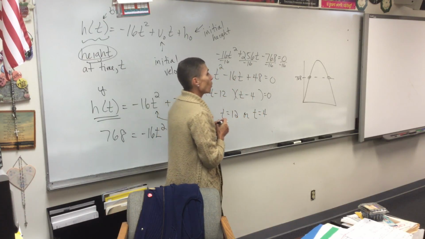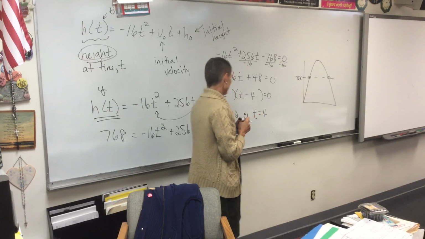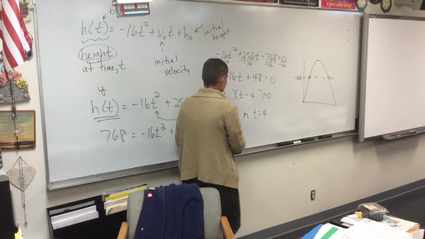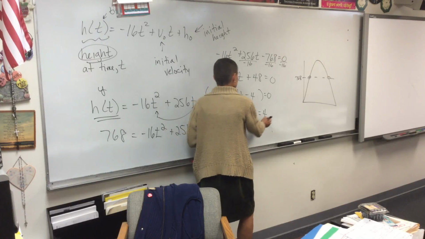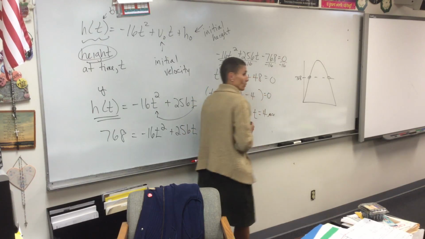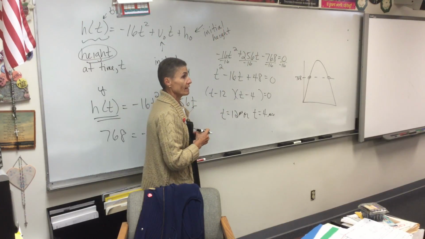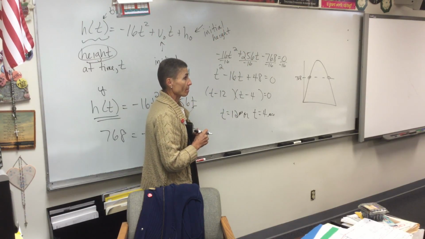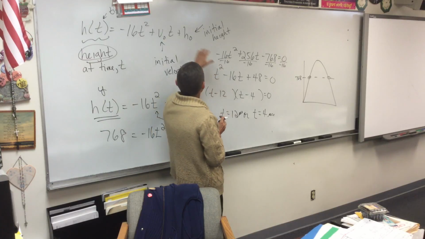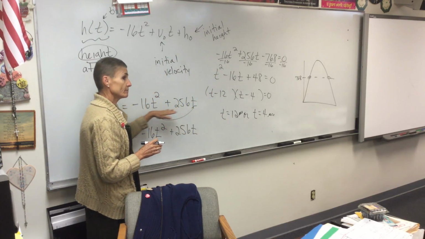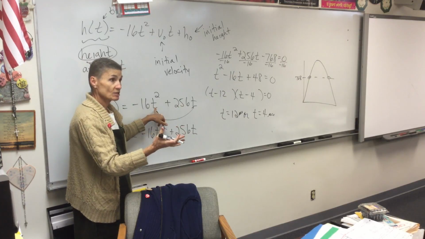So the question is, when will it be that high? It'll be that high after 12 seconds and after 4 seconds. Once on the way up, once on the way down. Guys, this equation right here is a t squared or an x squared.